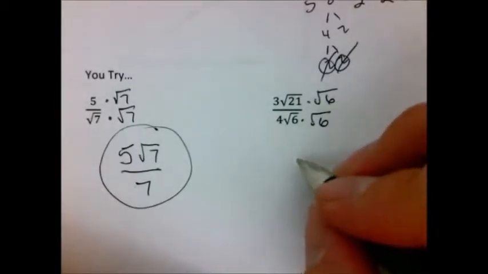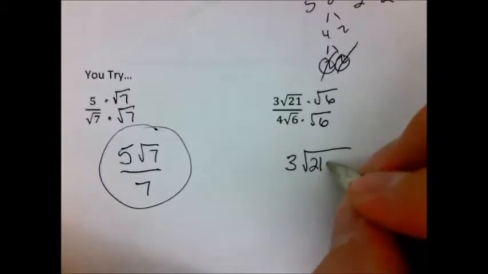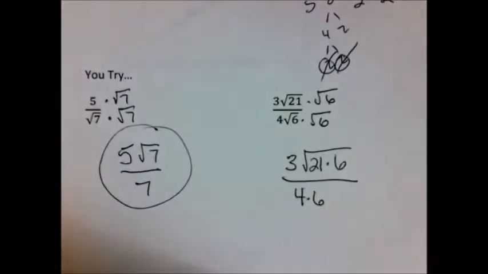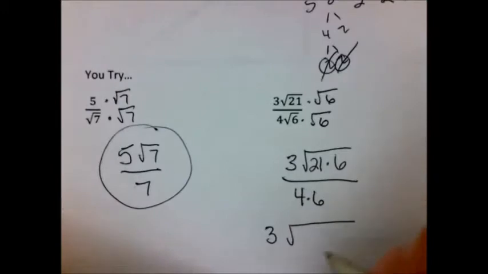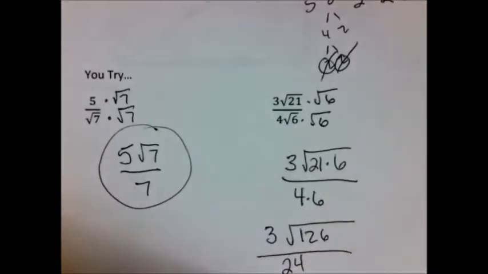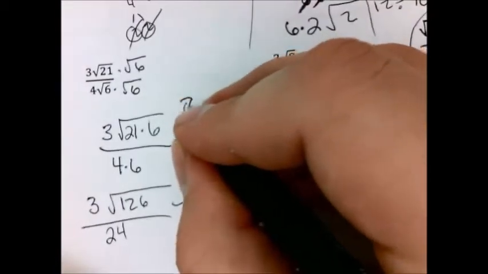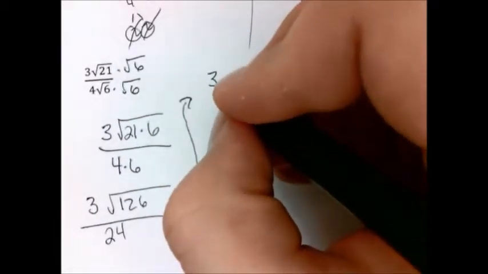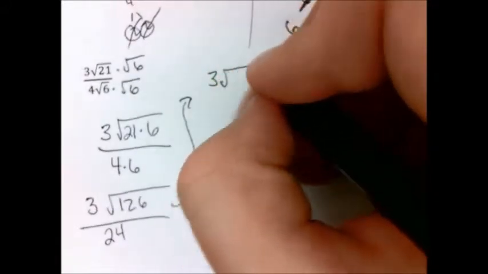So this becomes 3 square root of 21 times 6 all over 4 times 6, which becomes 3 square root of 126 all over 24. Now we have to reduce the 126.